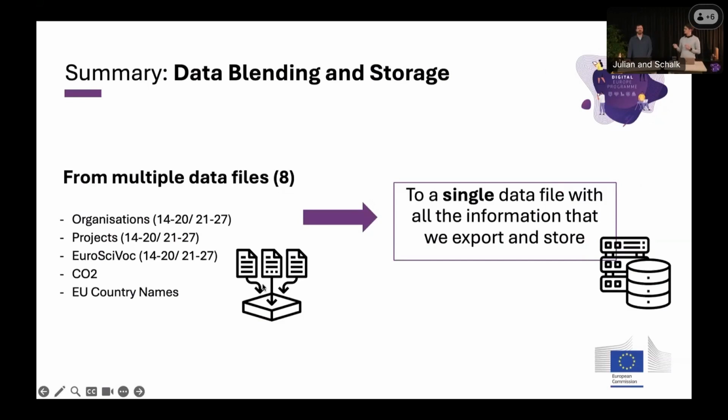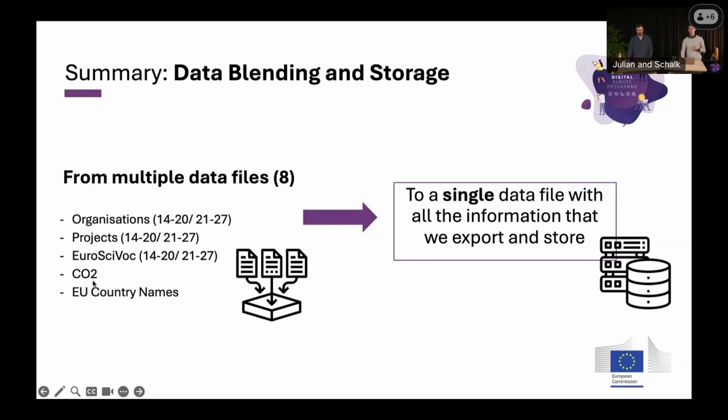And just a quick summary of what we just recapped. Because we also didn't show all the parts of the exercise, you can download the solution from the GitHub repository. Just a reminder, we had 5 different data sets, but they were divided into 8 different files, because for organizations, projects, and US SciFOC, we had 2 data files because we had different periods.